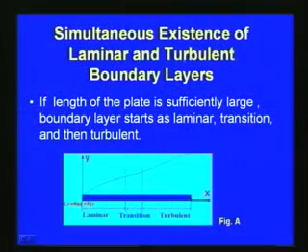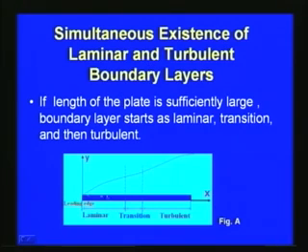So, if you want to find out the various flow parameters, like the coefficient of drag or the drag force, wherever simultaneous existence of laminar and turbulent boundary layer or the transition range comes, then we have to use both the laminar concept as well as the turbulent concept, and then find out the various parameters. So, next topic is simultaneous existence of laminar and turbulent boundary layers.